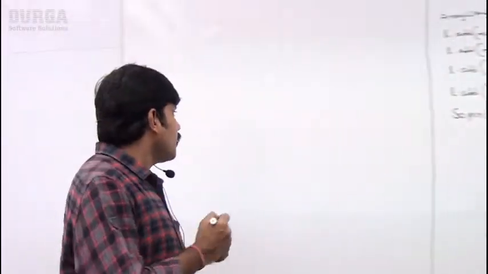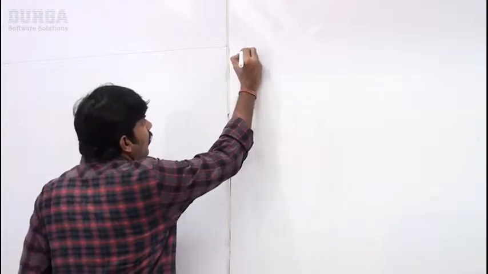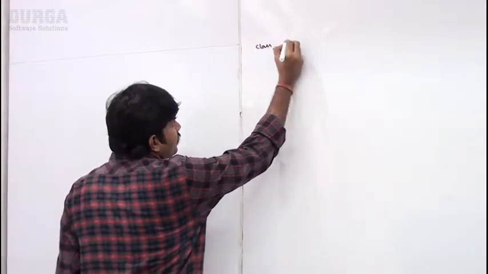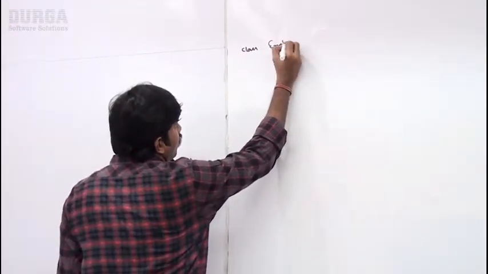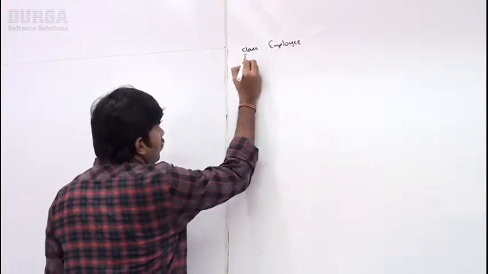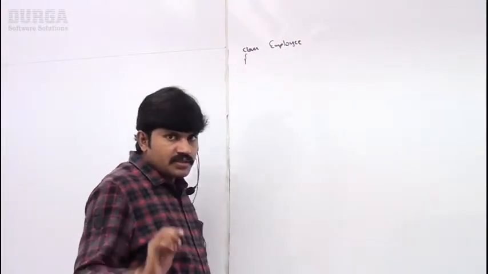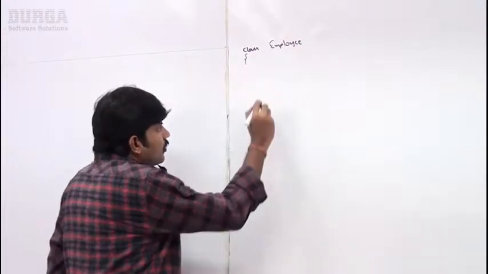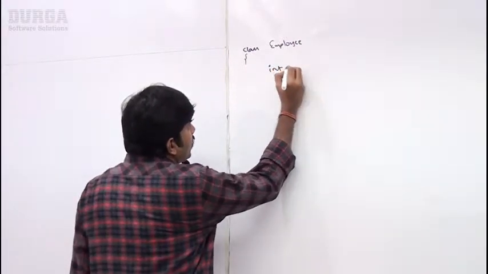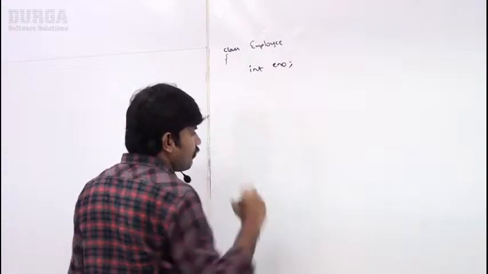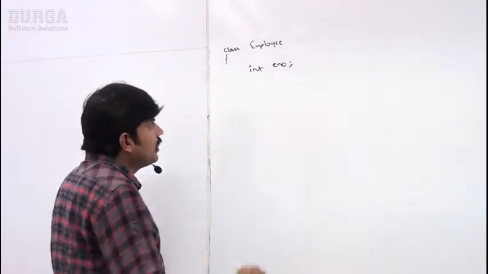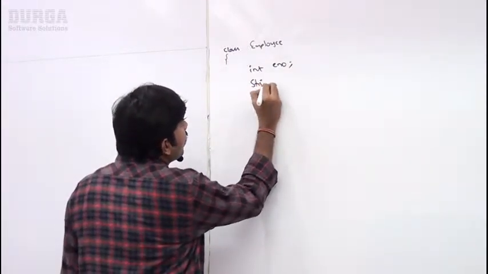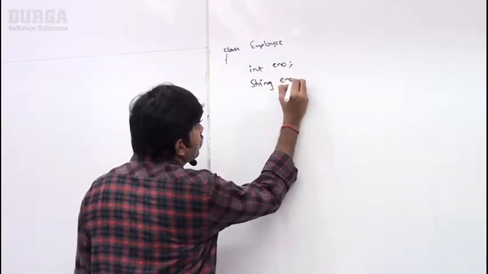Observe that. I want to take my own employee class. This employee class contains two properties: int enum, the employee number, and string ename, the employee name.